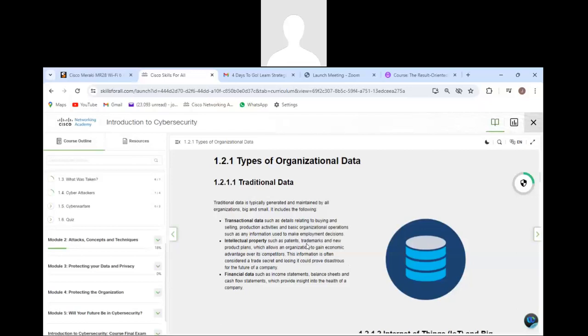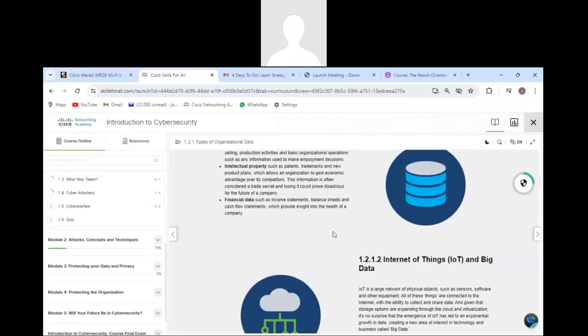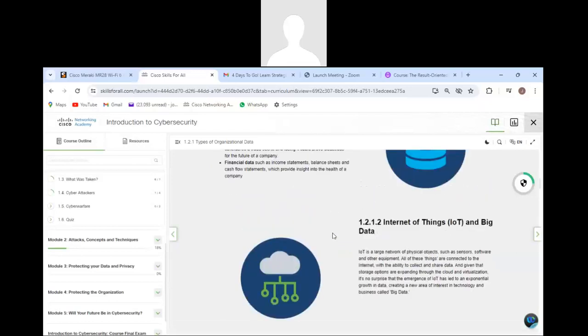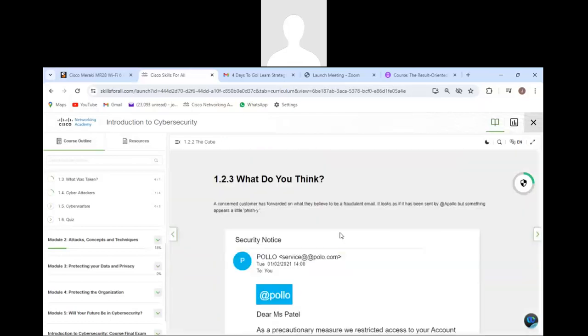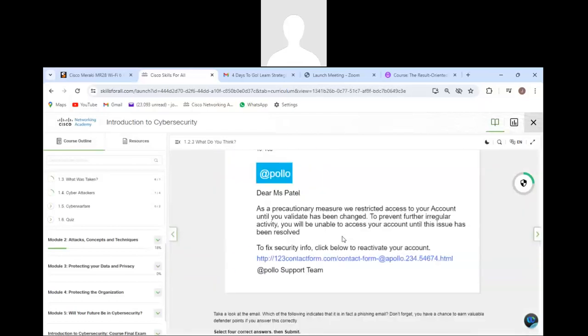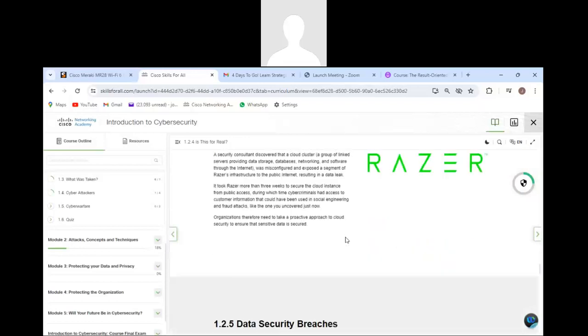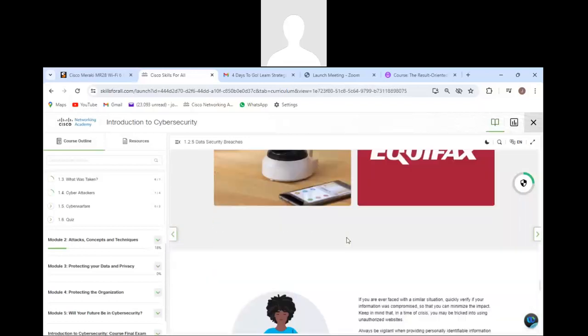Having said that, we looked at the Internet of Things and big data yesterday, where we talked about the cybersecurity cube and the CIA triad. But today we are looking at what was taken.